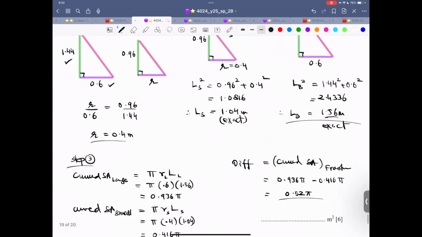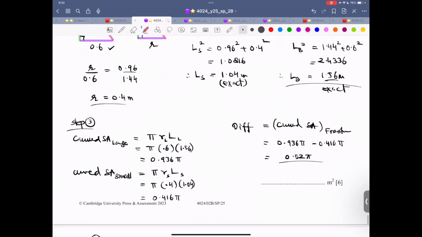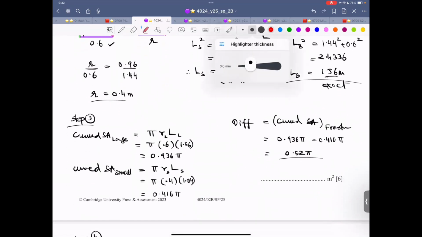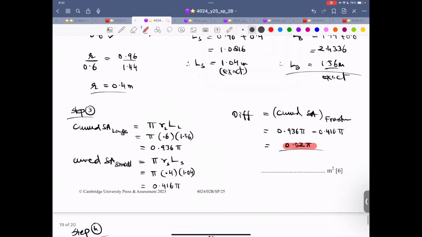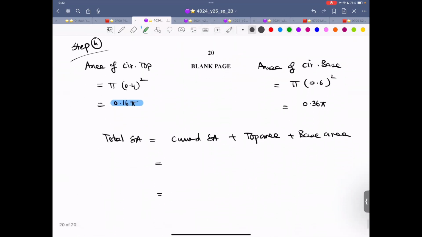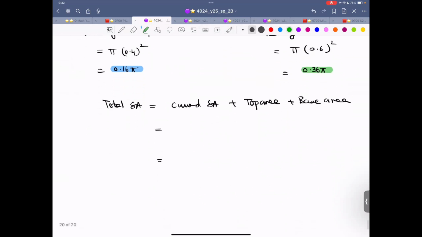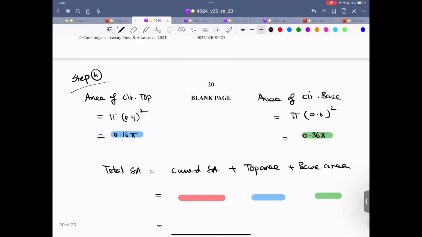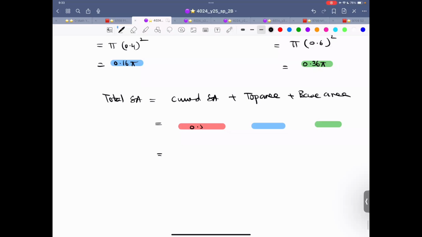So now we have all the things ready. Let me highlight. We have 0.52 pi, 0.16 pi, and 0.36 pi. That's the base area, that's the top area, and that is the curved surface area. Everything in terms of pi. So this is 0.52 pi plus 0.16 pi plus 0.36 pi.